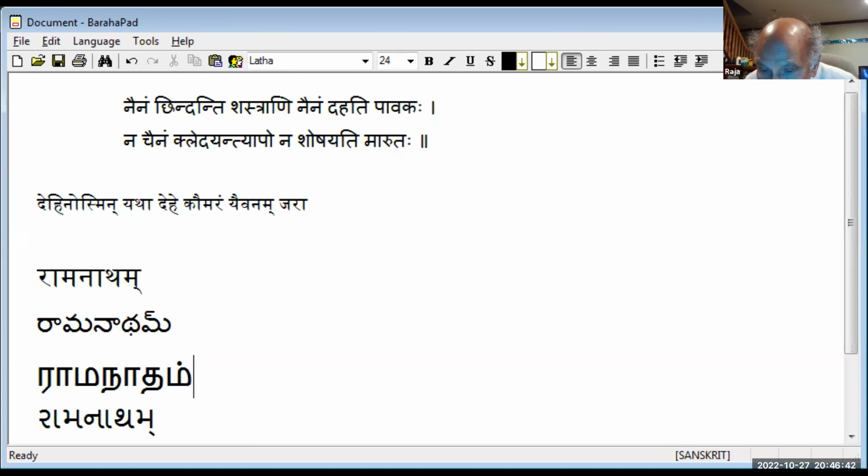On the bottom of your screen, let me go to my desktop. Where is my desktop? On the bottom right side of your screen, do you see EN, English, or KN, Kannada?